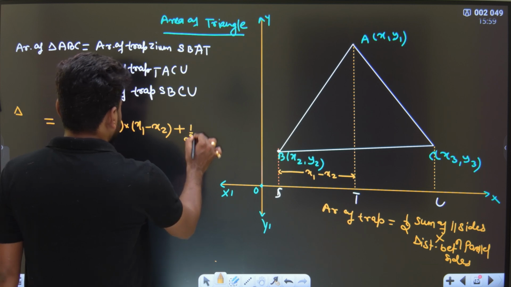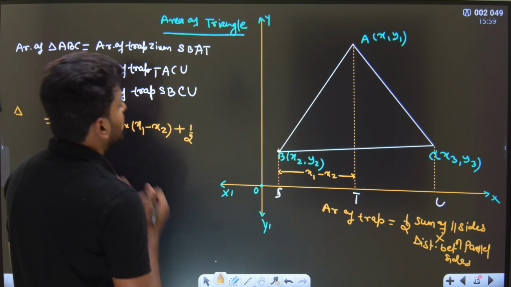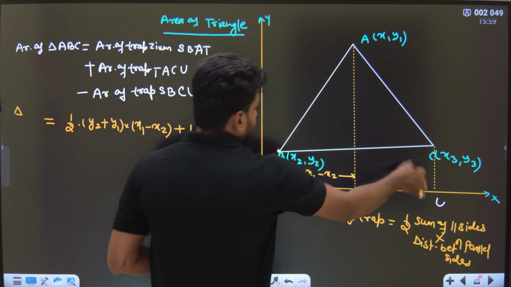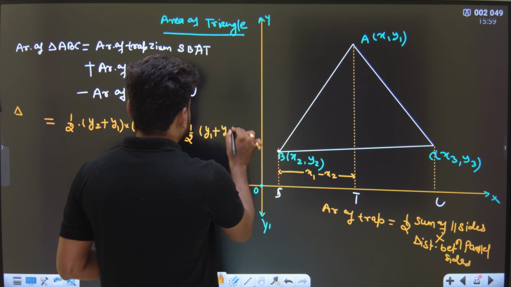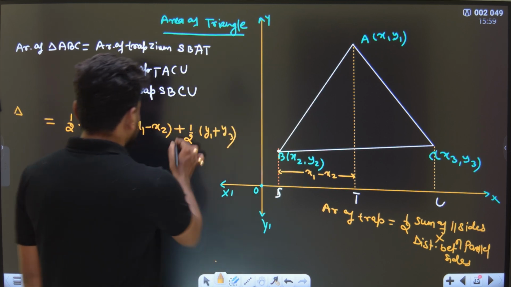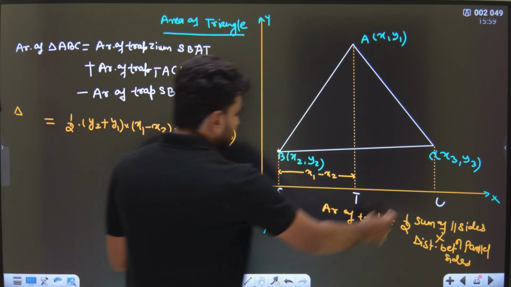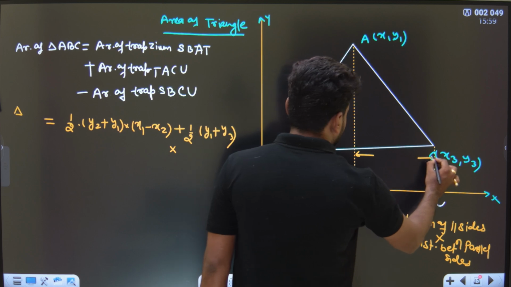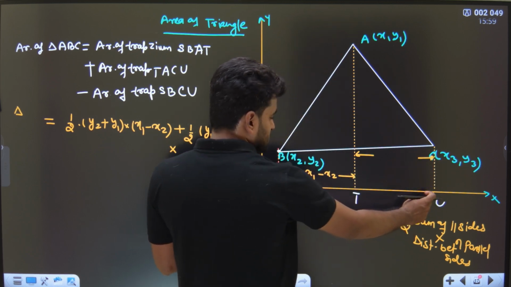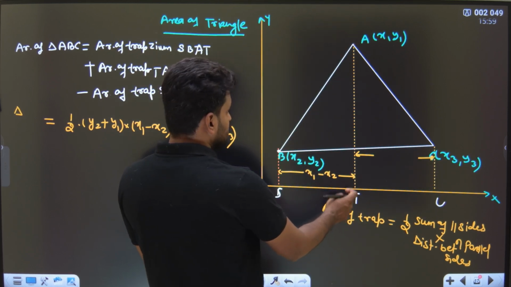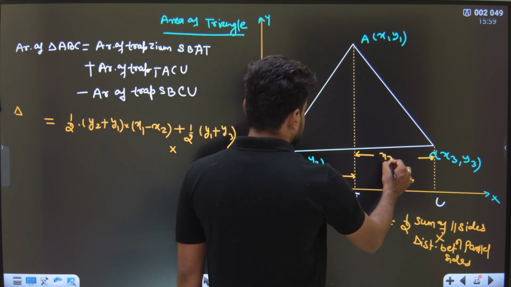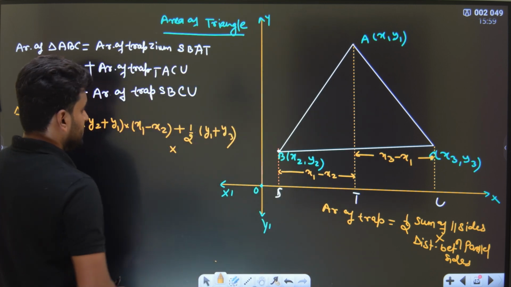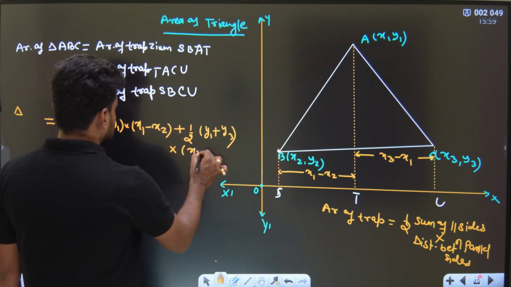Now it is 1 by 2, the parallel heights are y1 plus y3, into the distance between them. What is the distance between them? You can see till here the distance is x3 and OT is x1, so I will write x3 minus x1.